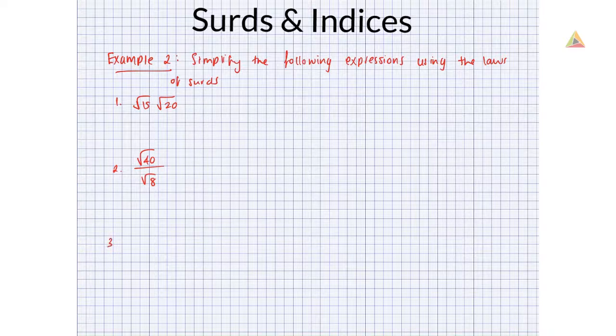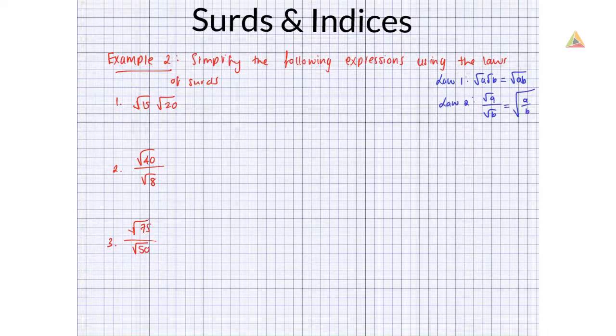And the third one is root 75 over root 50. So I'm just going to actually write out the two laws as well. And again, these are in your log table. So law 1 is root A root B is the same as saying the root of A by B. And law 2, root A over root B is the same as saying the root of A over B.